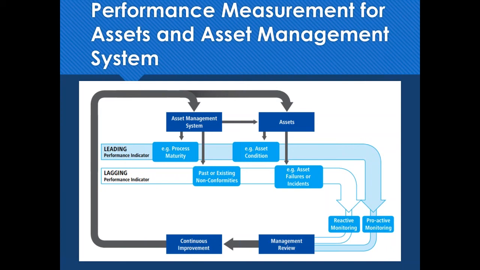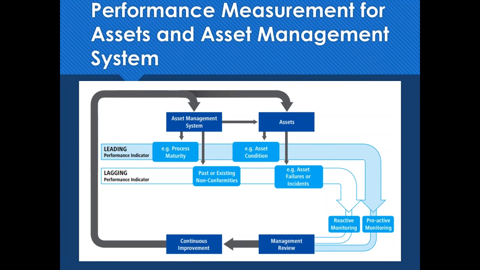Whereas the lagging indicators are basically, hey, the equipment shut down like five times in the last three months, or I have so many incidents. Those are your reactive monitoring, right? So you need to understand which assets fall in what buckets. The reason I put this on the slide is primarily that as an organization, when you're trying to implement these asset management systems, you need to evaluate the assets based on the type of approach you would like to put, right?